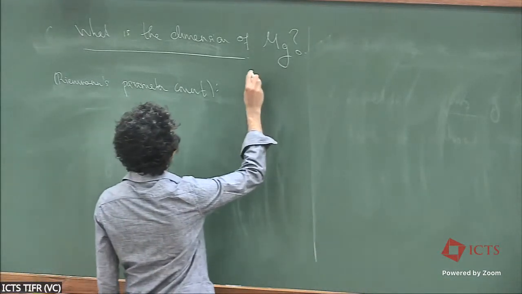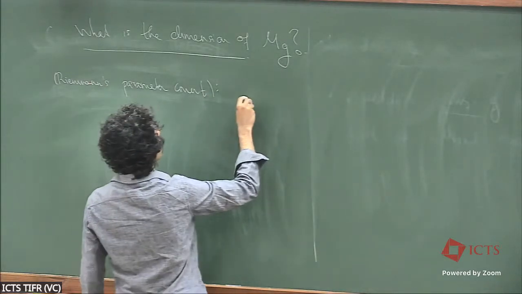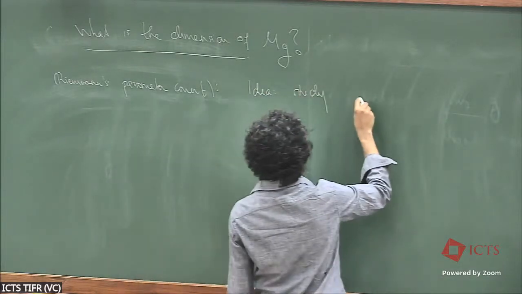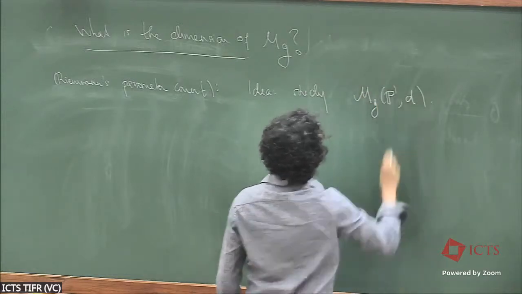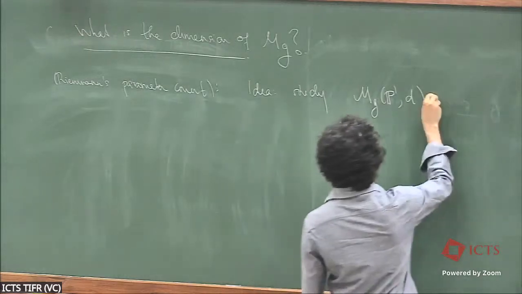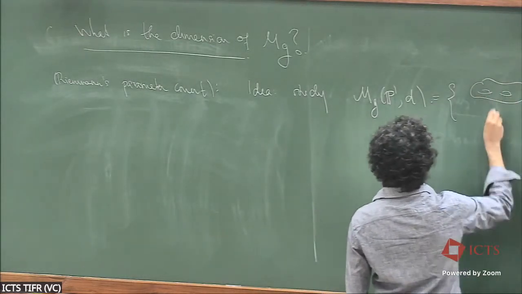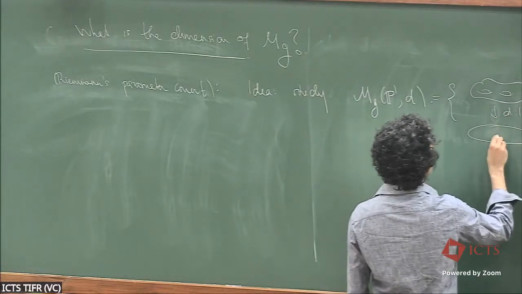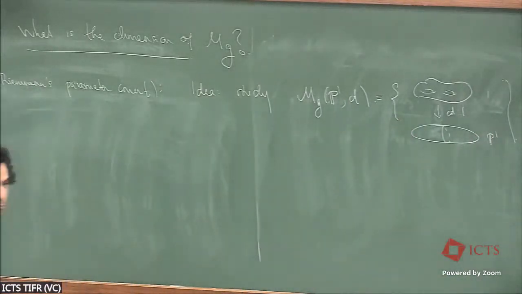This brings us to the idea of Hurwitz theory. The idea is you study a moduli space, which I'll call M_{g,P^1,d}. This is the space not just of genus g Riemann surfaces, but genus g Riemann surfaces that are equipped with a degree d map to P^1.